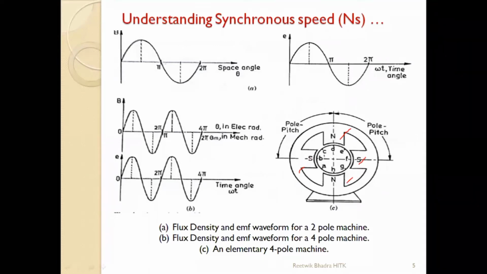So how will our EMF and our magnetic field intensity look like? You can think about E only, both will be same. From north to south, that is D to F, if I take the first rotation from D to F, we'll get the first positive half cycle. Next, from south to north, from F to H, we'll get another positive half cycle.